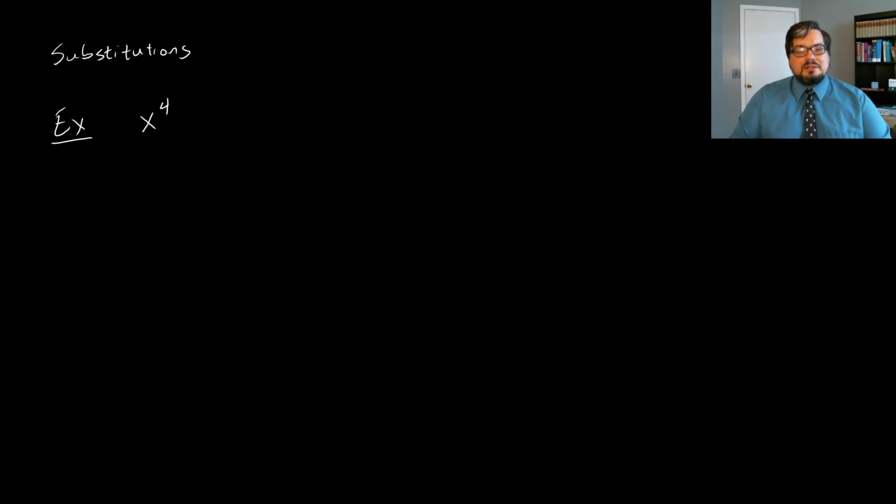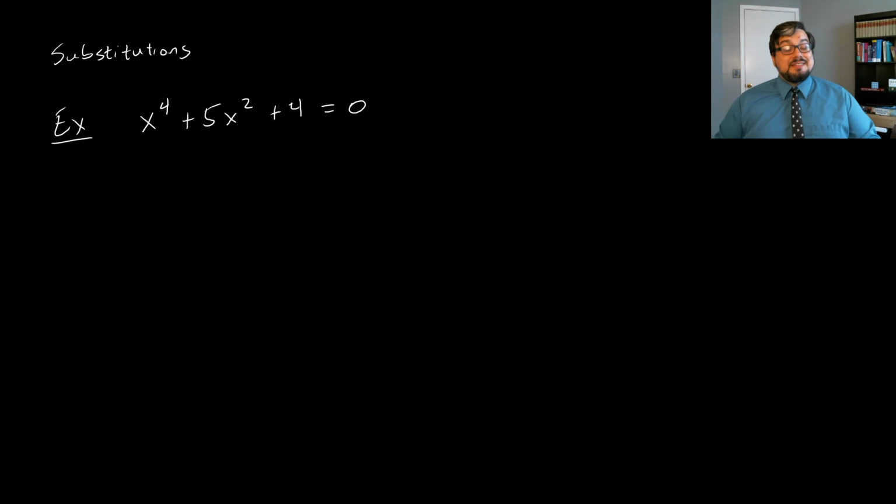Let's look at x to the fourth plus 5x squared plus 4 equals 0. Now this is a degree 4 polynomial. We haven't looked at any degree 4 polynomial equations so far, and we haven't looked at any formulas or strategies for it yet.